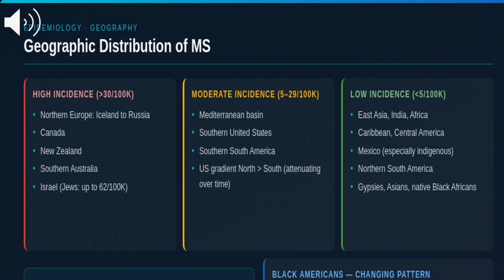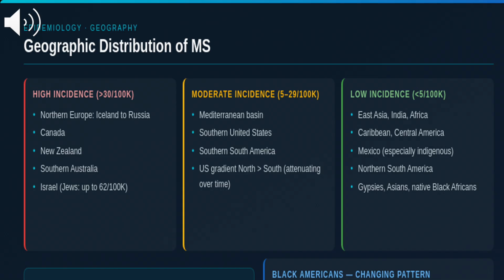Incidence falls to moderate levels, 5 to 29 per 100,000, in the Mediterranean basin, southern United States, and southern South America, and incidence is low, below 5 per 100,000, across East Asia, India, Africa, the Caribbean, and Central America.